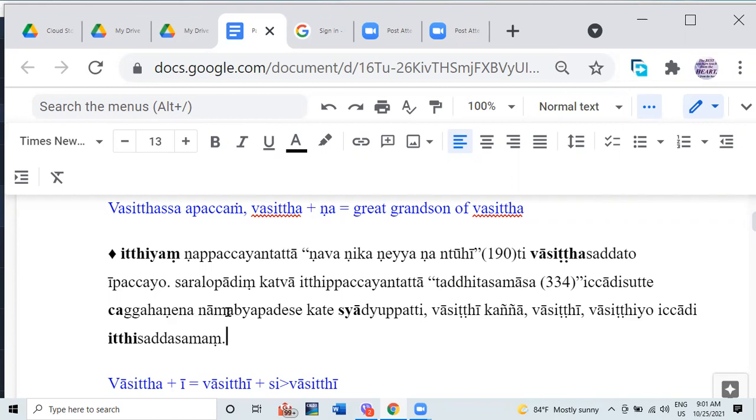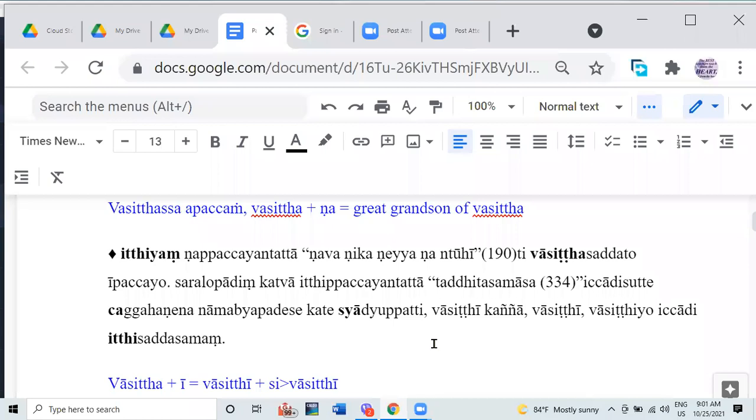Do you remember which feminine suffix? Feminine words, do you remember from the Nama chapter? It is very important.